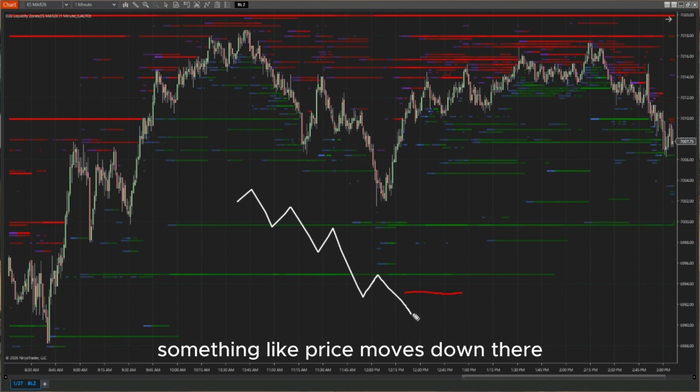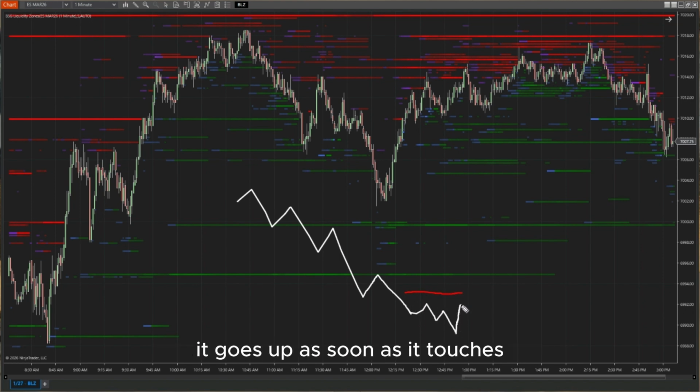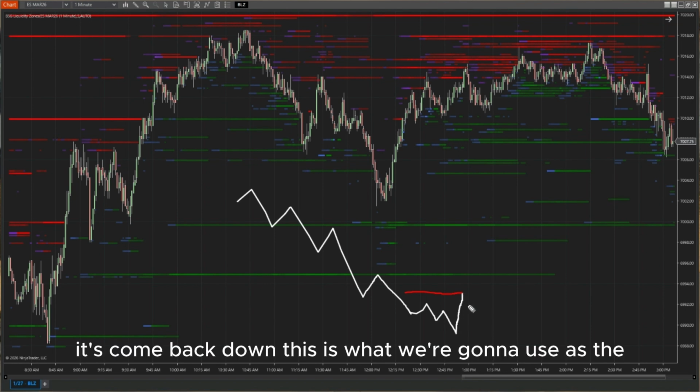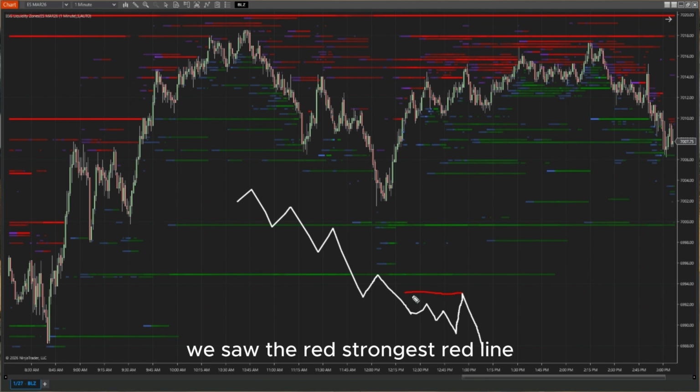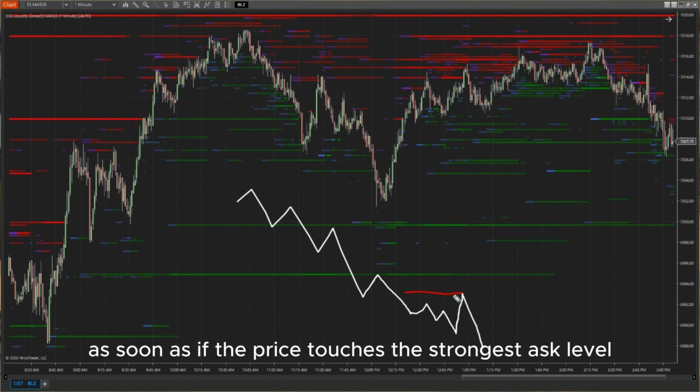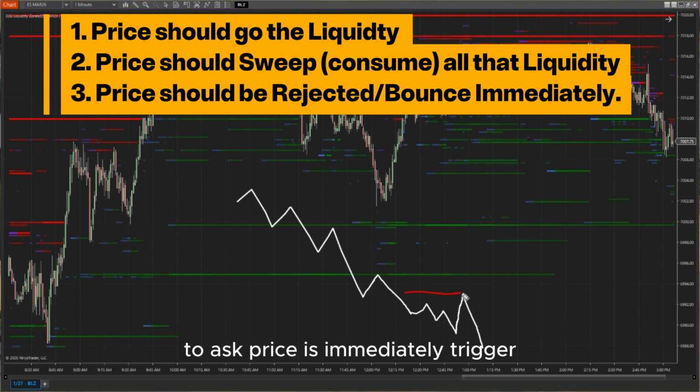Price moves up there, and as soon as it touches, it comes back down. This is what we're going to use, as we saw with the strongest red line. Price went to the liquidity. As soon as the price touches the strongest ask level, it immediately triggers the sell orders and comes down. That's what we're going to look for.